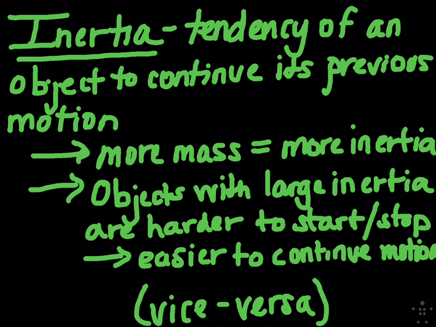First of all, the semi is going to have more inertia because it has more mass, obviously, a lot more mass. Now picture both vehicles. Which one is easier to stop? Which one's going to stop faster if you stomp on the brakes? Definitely that Camaro or Corvette, not that big rig. It's just not happening because it has more inertia.